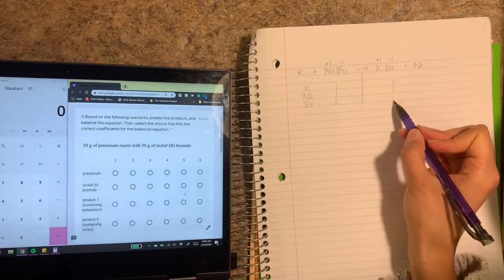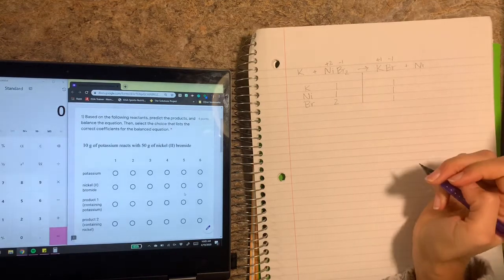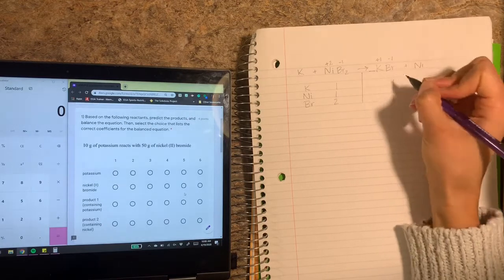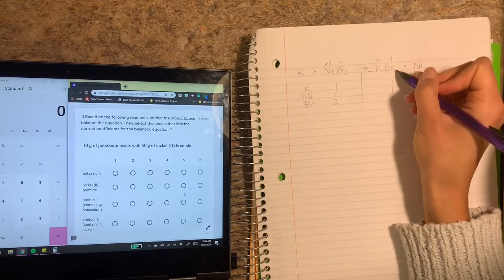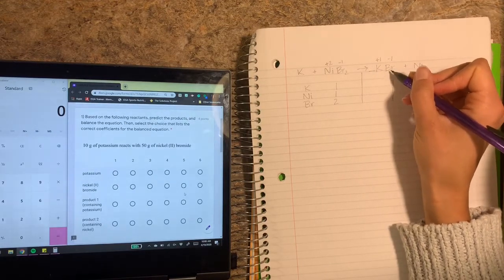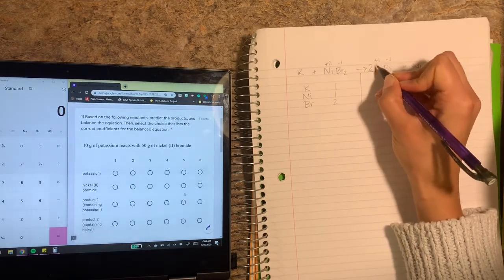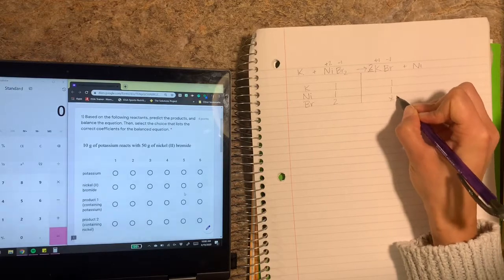So my bromines are not balanced. Go to the side that has the lesser amount. What can we put in front of this compound that we can multiply in order to get 2 total bromines? We can put a 2 here. That gives us 2 bromines.